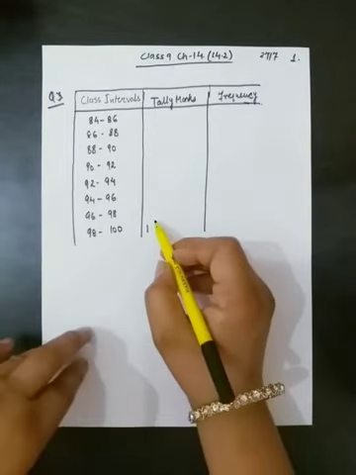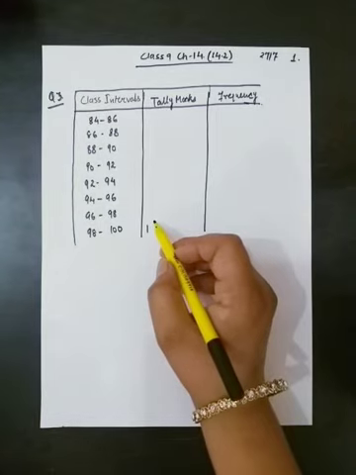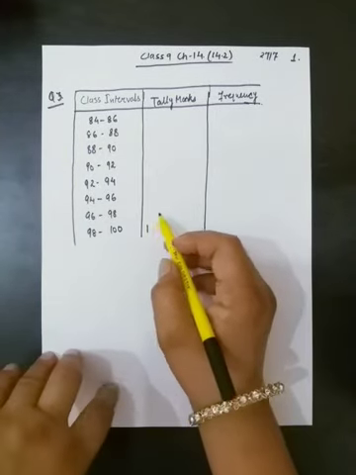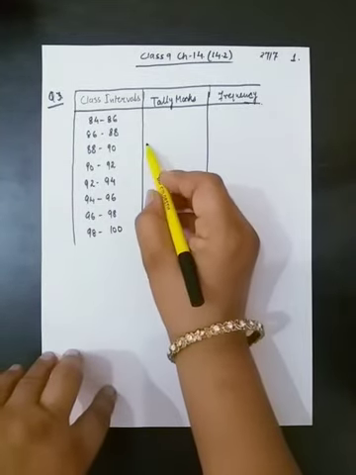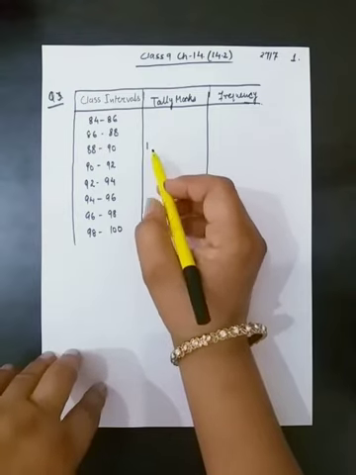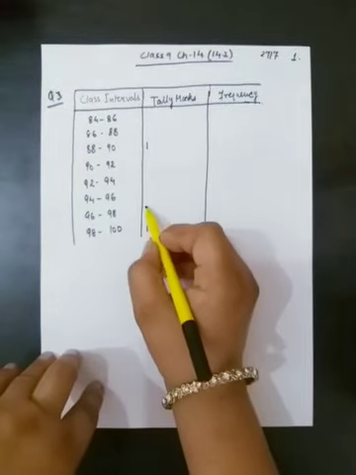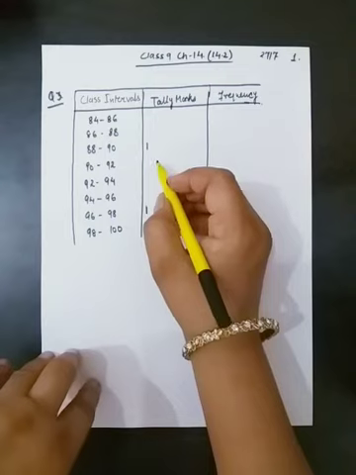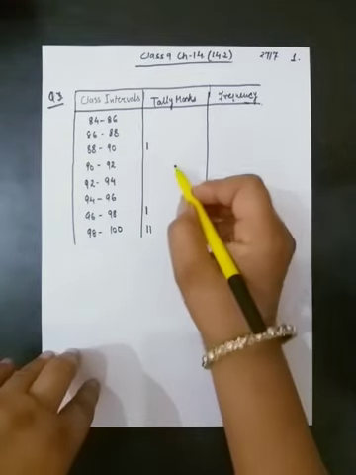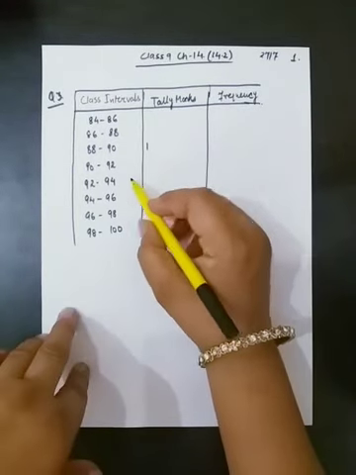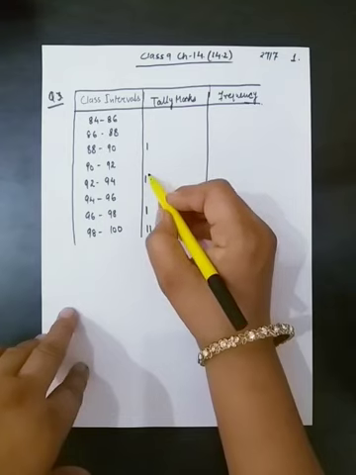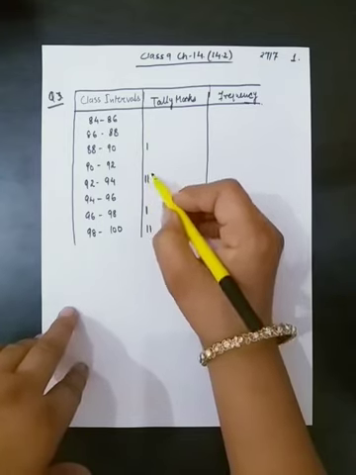And next is 89.2. I am taking them vertically. 89.2 will be in the 88 to 90 interval. 96.2. Next is 98.6. Next 92.3. And next is 92.1.